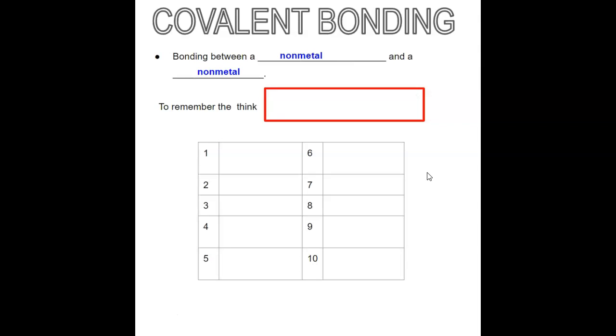The thing that we have to remember about covalent bonding is the prefixes. Here are the prefixes. If you have the number 1, it is mono. Now, according to what it bonds with, sometimes we don't put the last O on there.